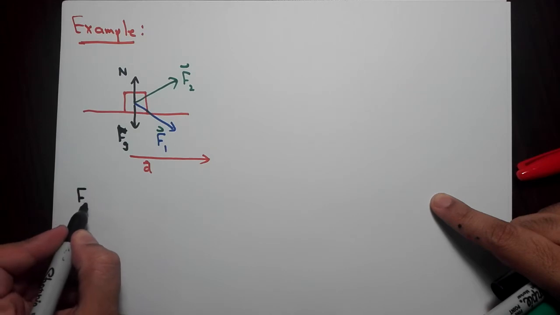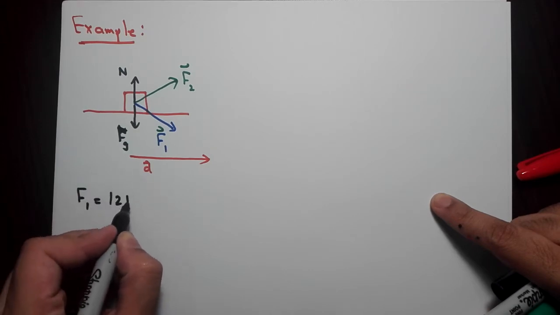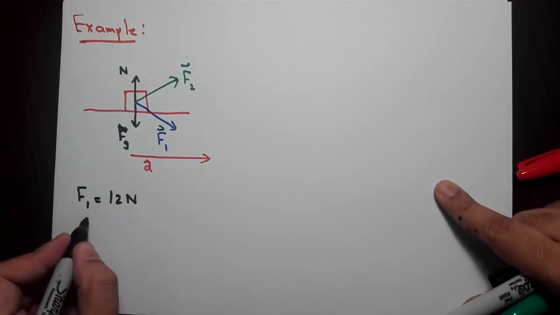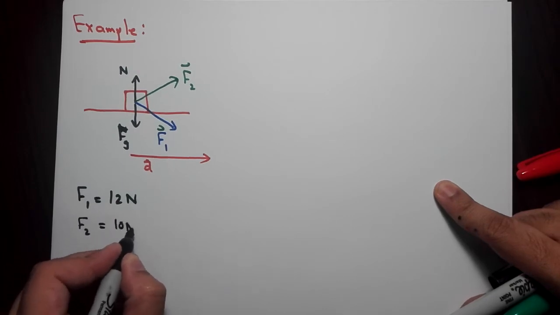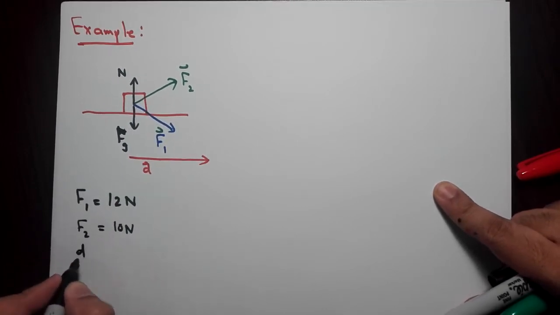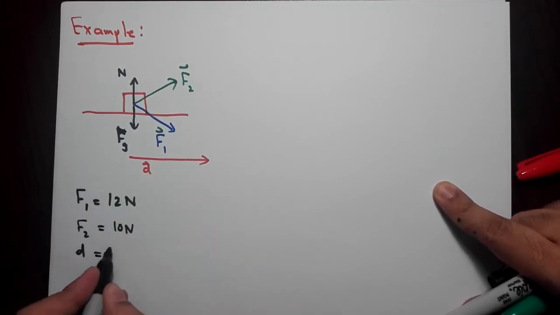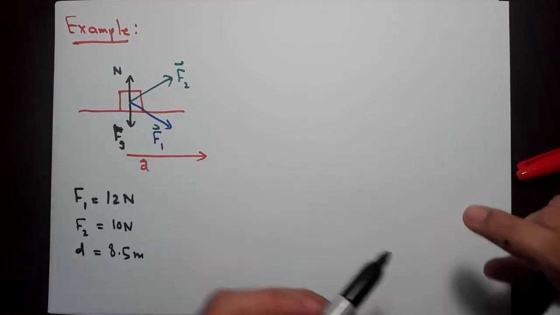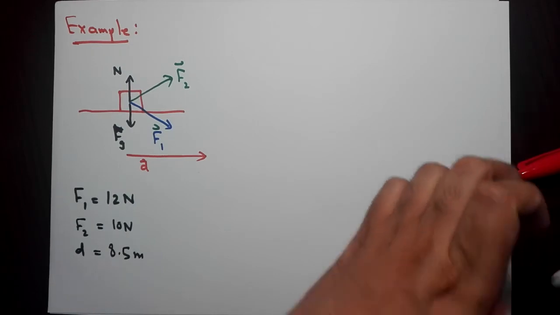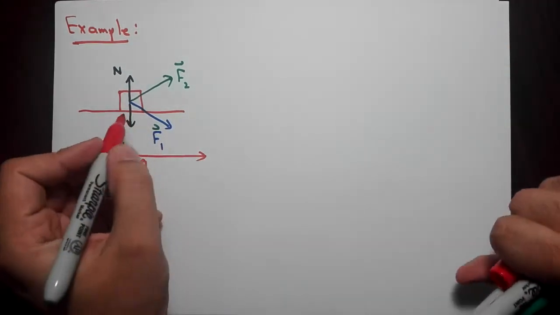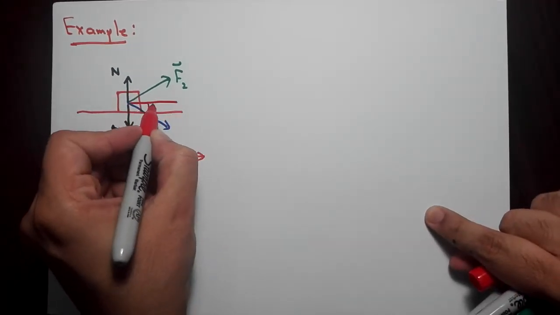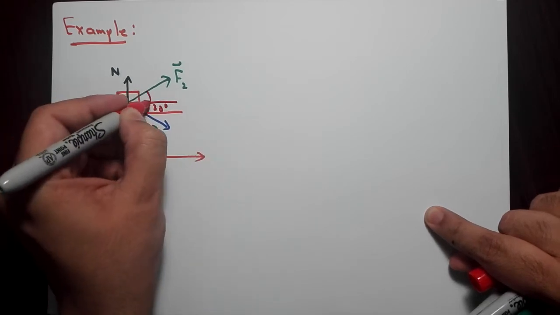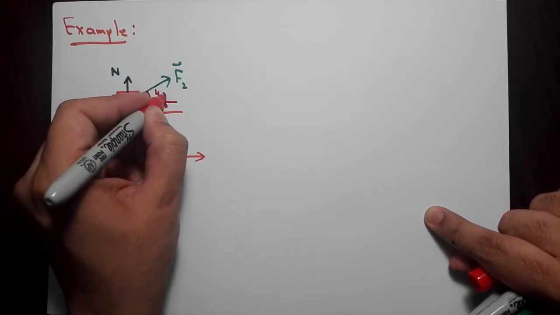What is given is the magnitude of F1, that's 12 newtons, the magnitude of F2, that's 10 newtons, the distance the block moves is 8.5 meters, and these angles are given. The angle that F1 makes with the horizontal is 30 degrees, and the angle that F2 makes is 40 degrees.